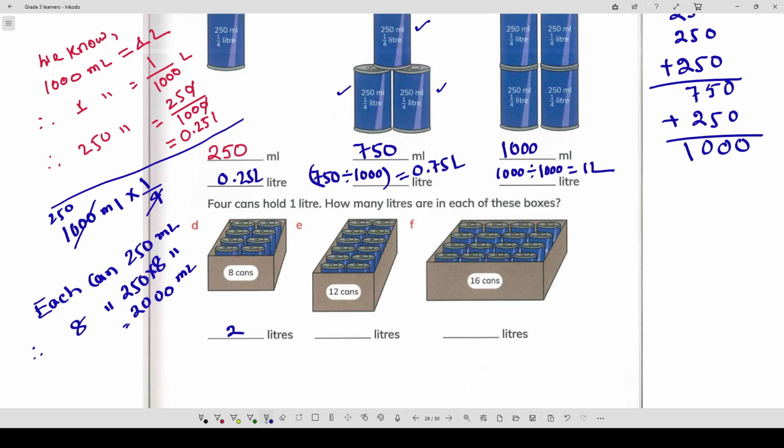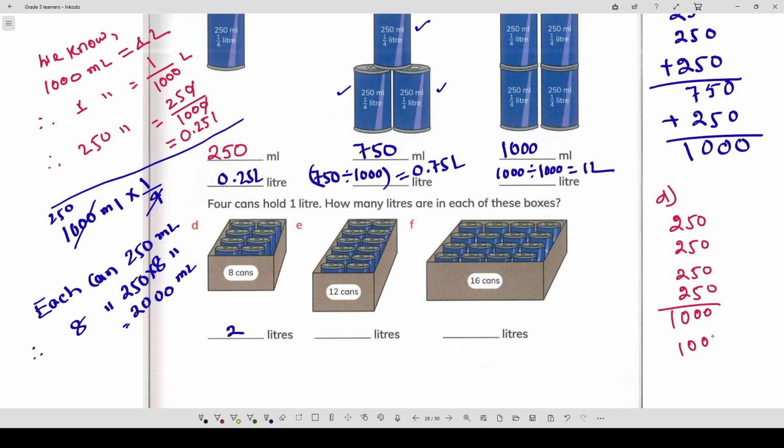Next, we can segregate this way. Number D, 8 cans, it means 250, 250, 250, 250. It's 4. 4 means 1000. So another 4, it will be another 1000, right?